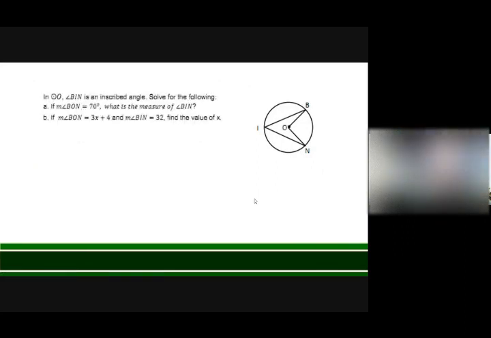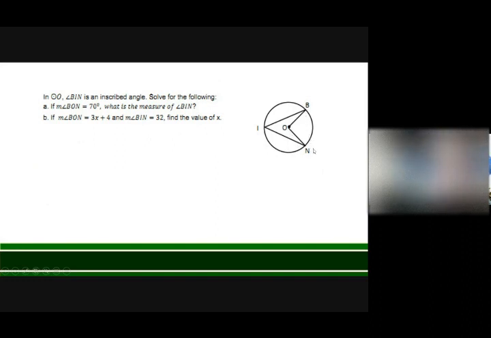Sabi rito, in circle O, BIN or angle BIN is the inscribed angle. Okay po? Bakit siya inscribed angle? Kasi po yung angle ay na-form sa circle. Let us try to solve for this. If angle BON, ito yung inyong central angle. No?